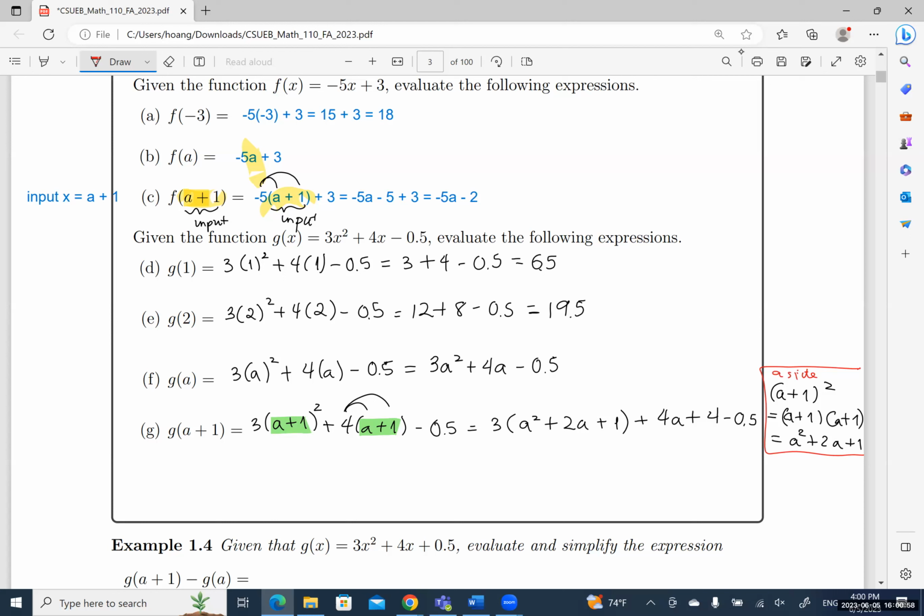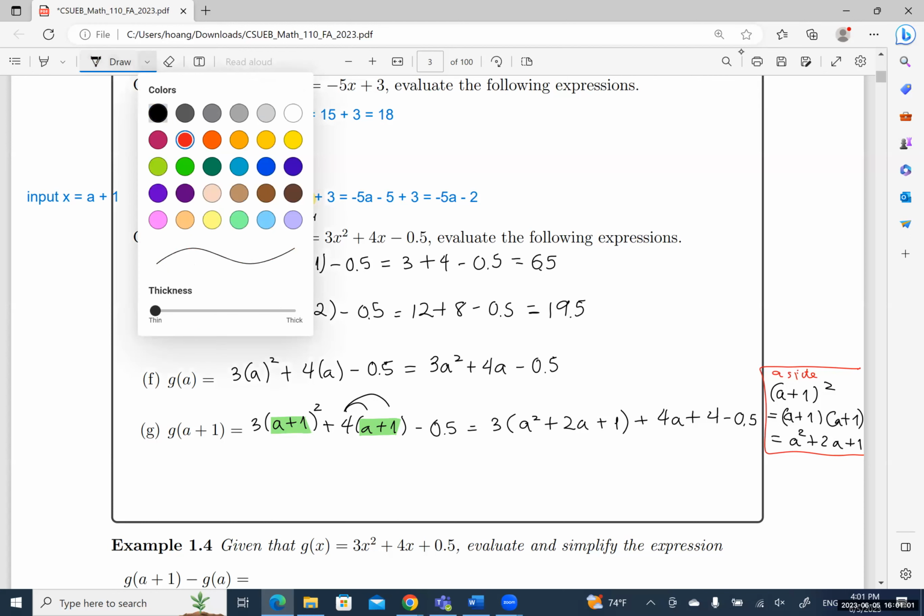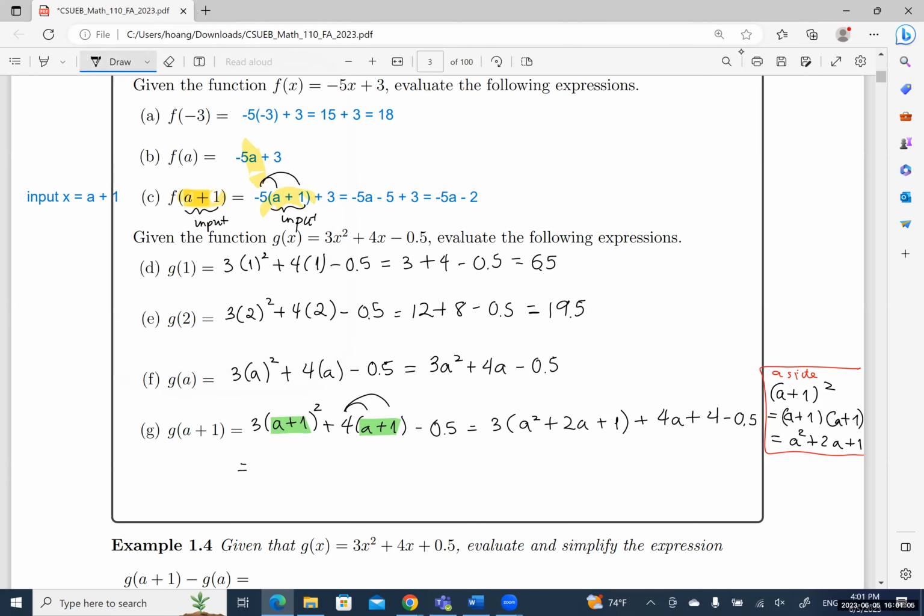Now I will move down here and write 3A square, and then 3 times 2A is 6A, and then 3.